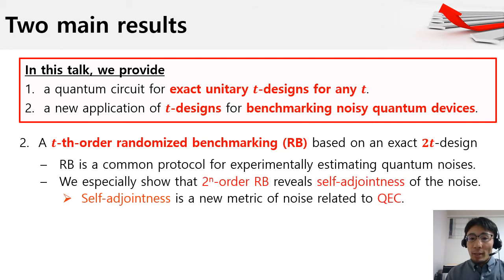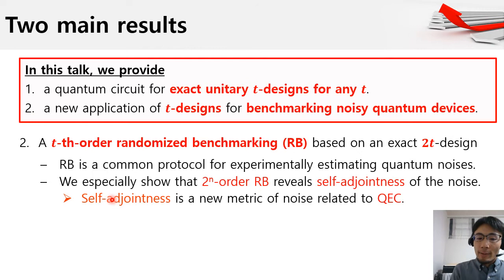We especially study the second-order RB. If we use an exact 2T design, we say the randomized benchmarking is a T-th order randomized benchmarking. And we prove that we can estimate the self-adjointness of the noise in the system if we use this second-order RB protocol.